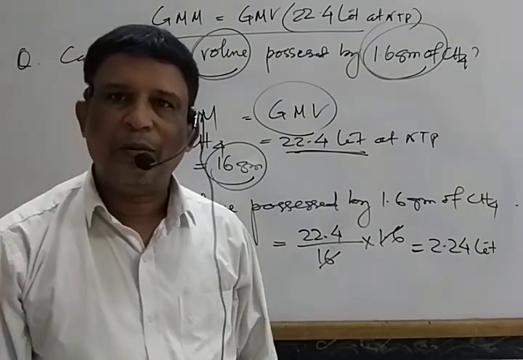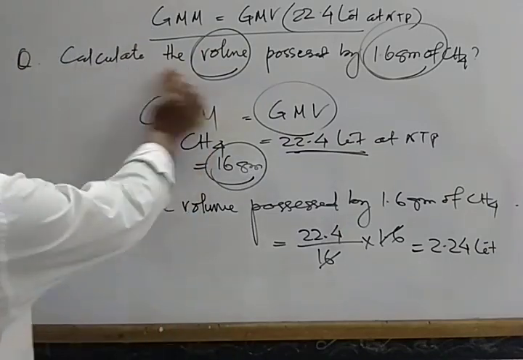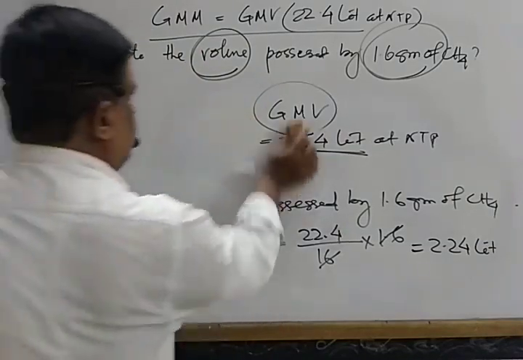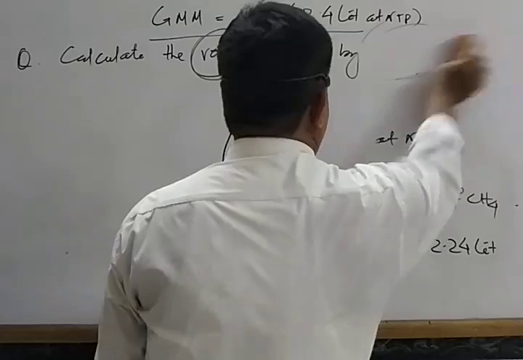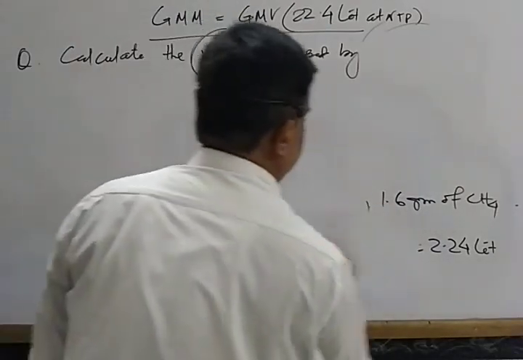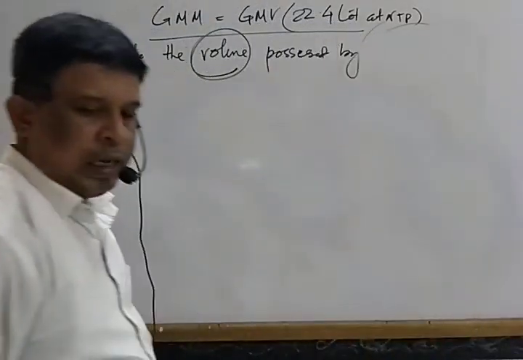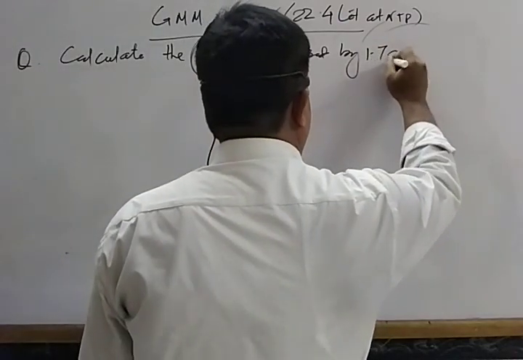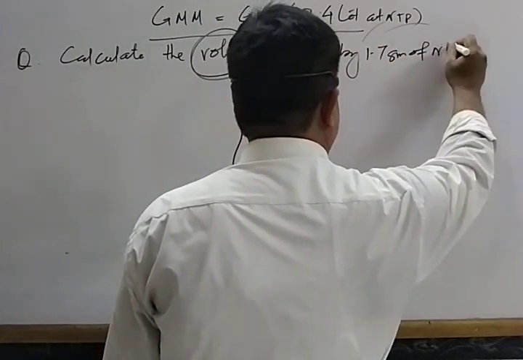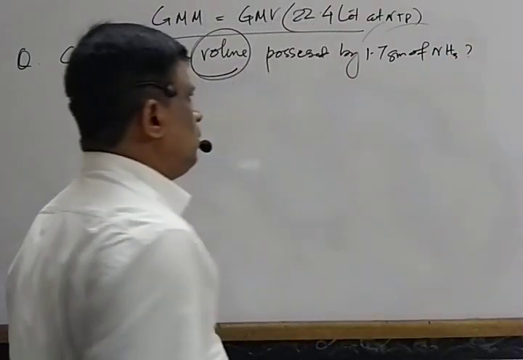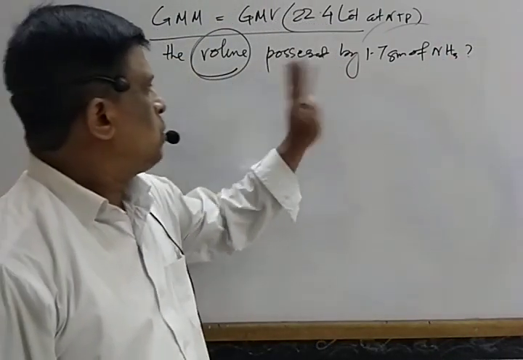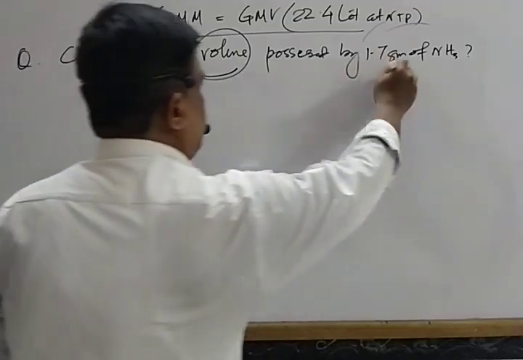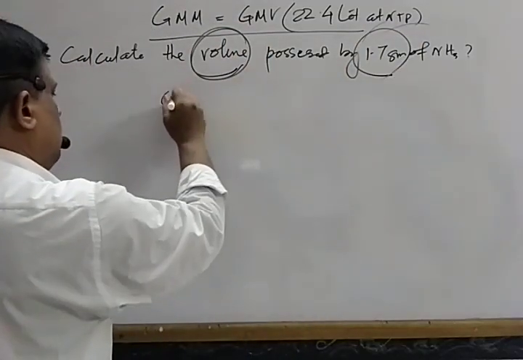Similarly, select another molecule. Mark that. Calculate the volume possessed by 1.7 gram of NH3 at NTP. Mark that. So the same concept is there, that is mass and volume.